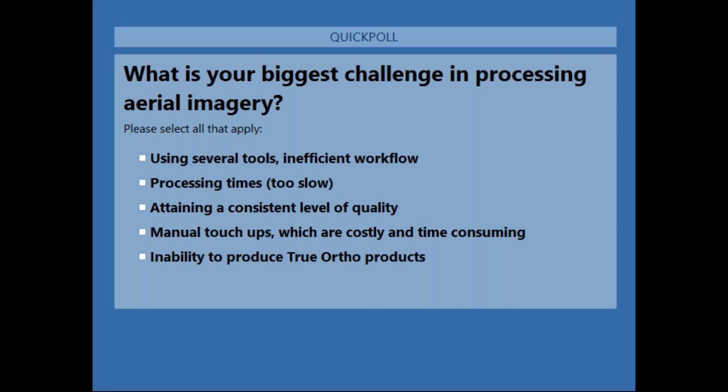Perhaps you're having difficulty getting a consistent level of quality, which could be related to color balancing or DEM accuracy. The manual touch-ups possibly are costly and time-consuming, and maybe you just don't have the ability to produce true ortho products, which is hindering your ability to respond to RFPs or produce products for yourselves or for your clients.